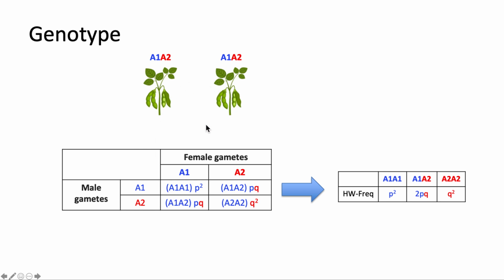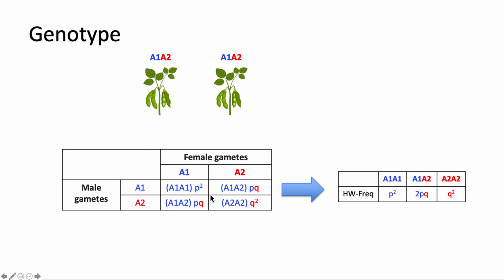So if we cross those two lines, we're going to have the homozygous A1 lines in the frequency of p squared, and the same for the homozygous A2. Remember that we learned how to estimate the allele frequencies p and q, and the heterozygous lines are 50% of the Punnett square here.